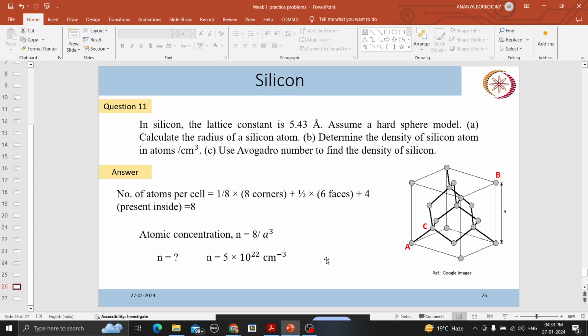You should remember these values at least for silicon. So here n is equal to 5 into 10 to the power 22 per centimeter cube.